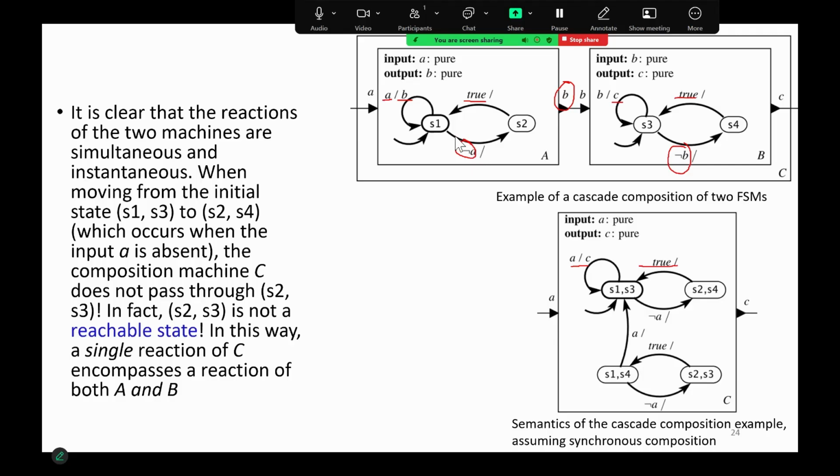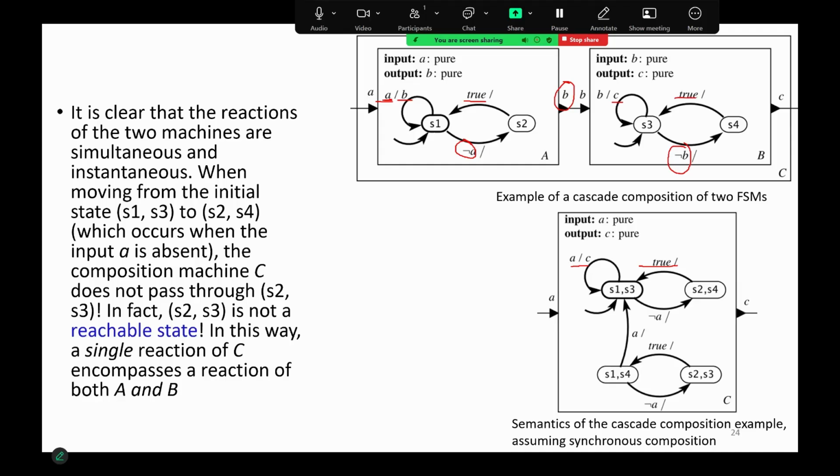And then if we consider S1, S4, if I am here and I received A, so S1 will still be S1, right? Because it's A. And B will fire, which means, one second, if I'm at S1 and S4, it's not reachable, as I cannot reach this state.